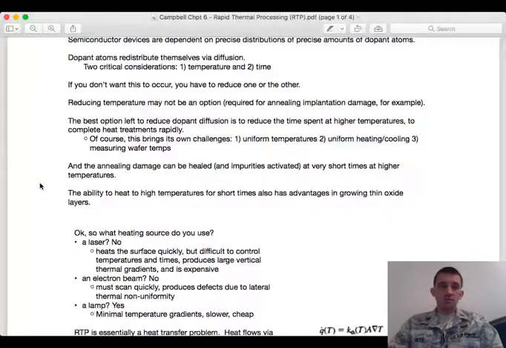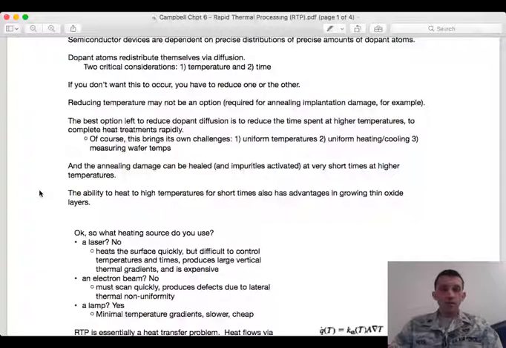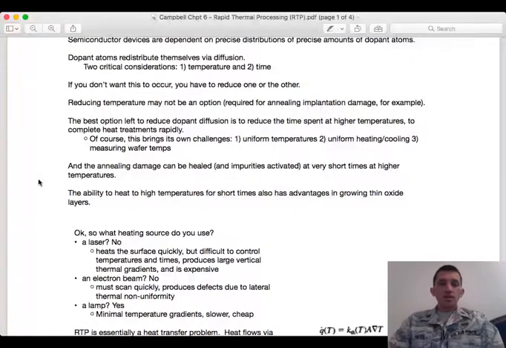Remember, we talked in the last video about how implanting all of these ions is done at high velocity, and the ions coming in bounce around many times before they lose all their energy, and this knocks lattice atoms off of their lattice location and disrupts the crystalline structure. If you have a high enough dose of ions, you can make the material fully amorphous.